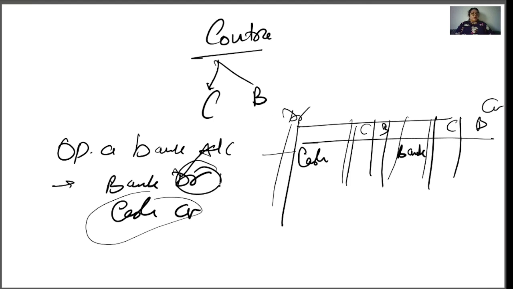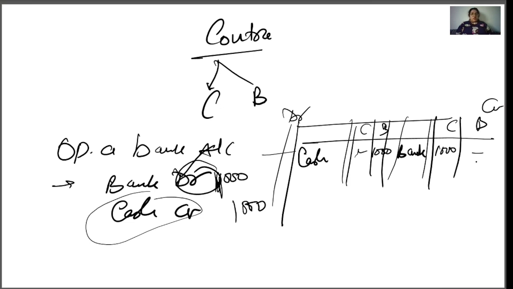Understood? Now suppose the amount is 1,000. If I write bank here, I need to put 1000 in the cash column. If I write cash, I need to put 1000 in the bank column. So this is how you need to do when there is a contra entry.